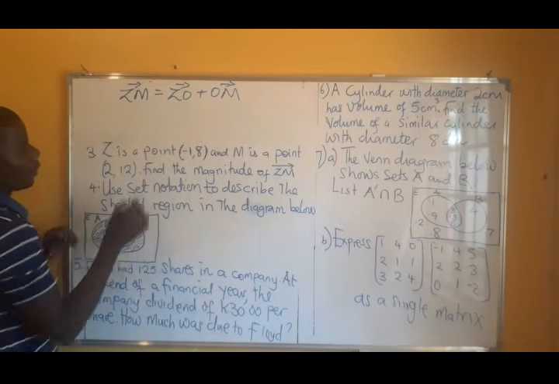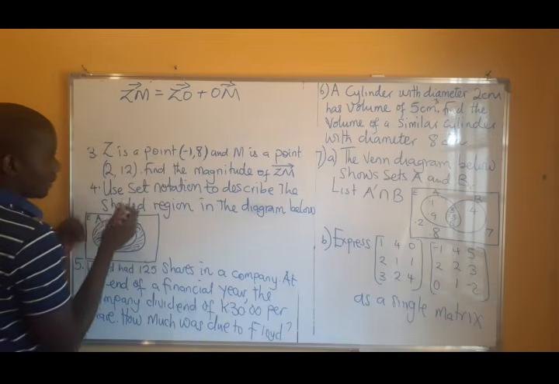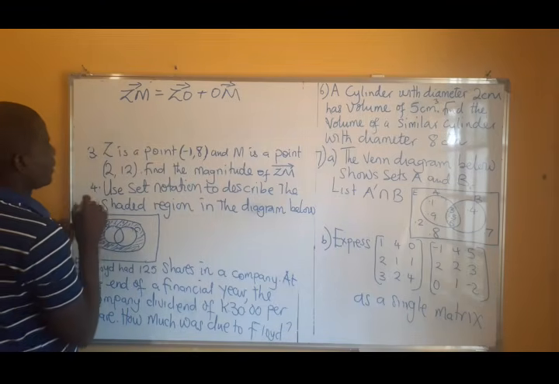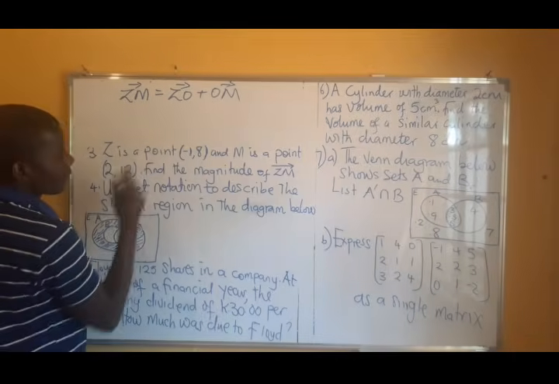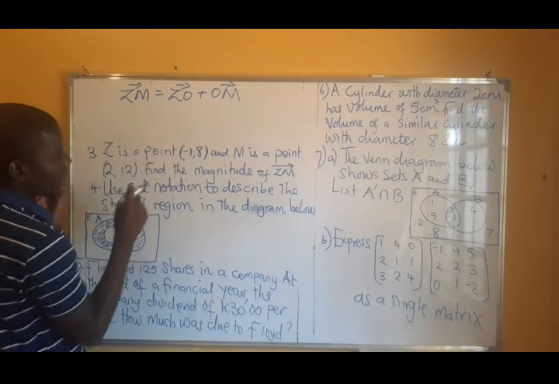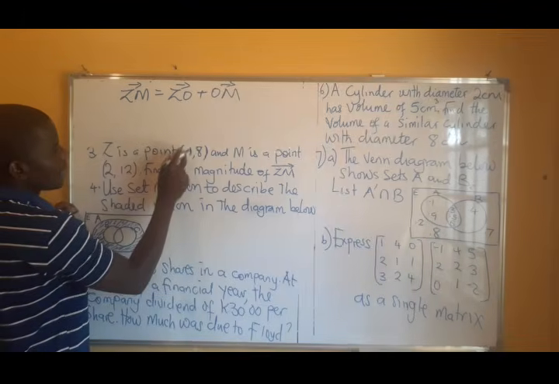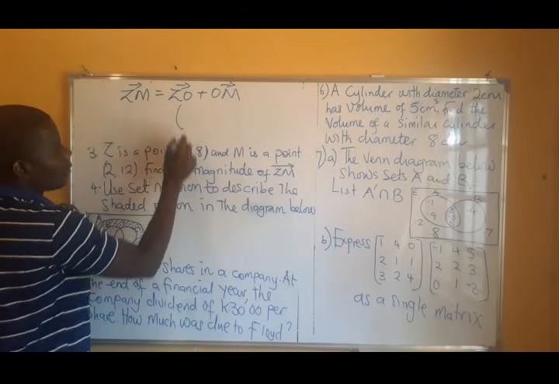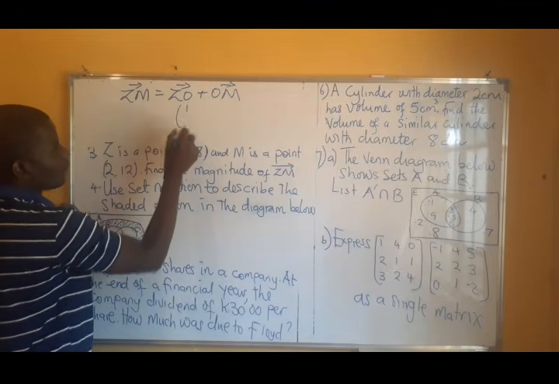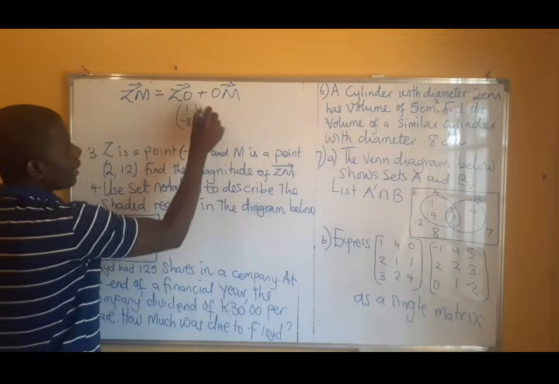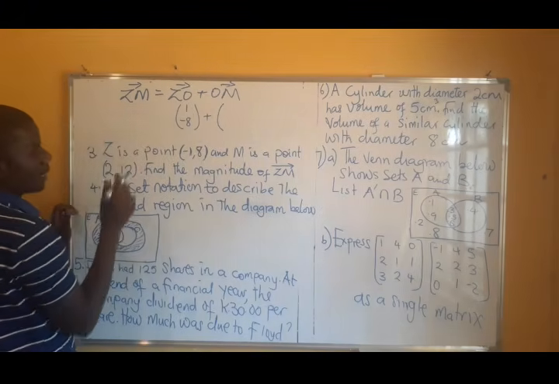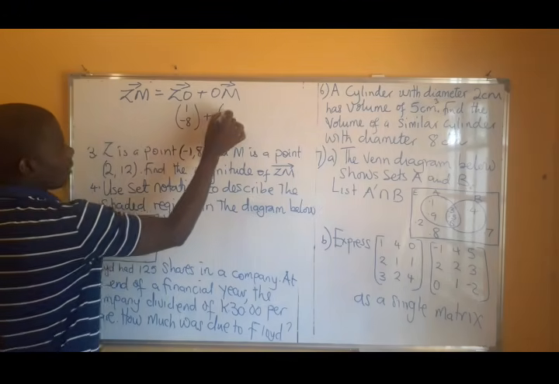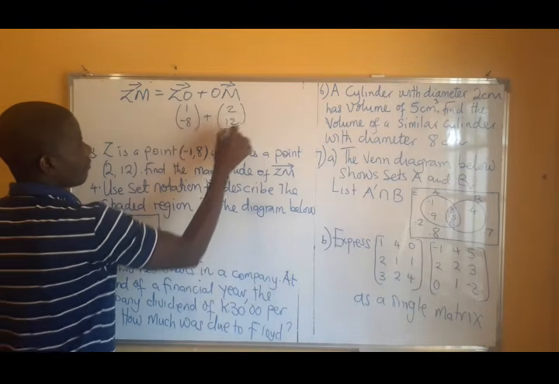If we want to write this one as a position vector from the origin, this is OZ. So in this case, we have the opposite. This one will become a positive and this one will be a negative 8. Then plus this one as it is, (2, 12).